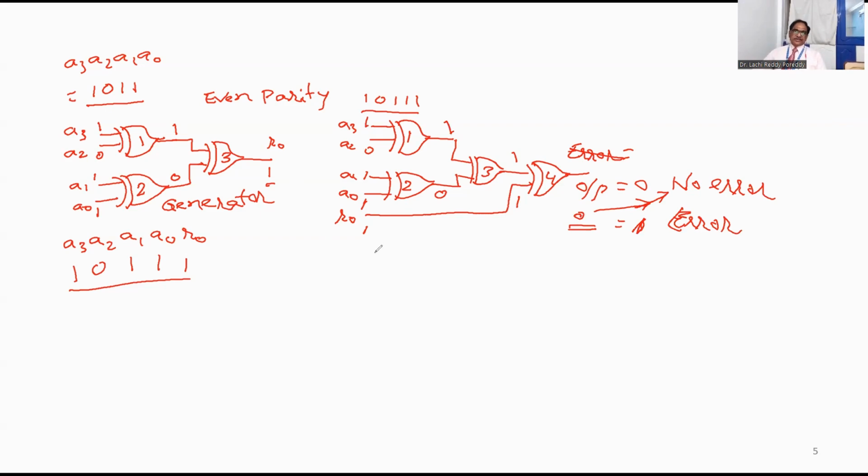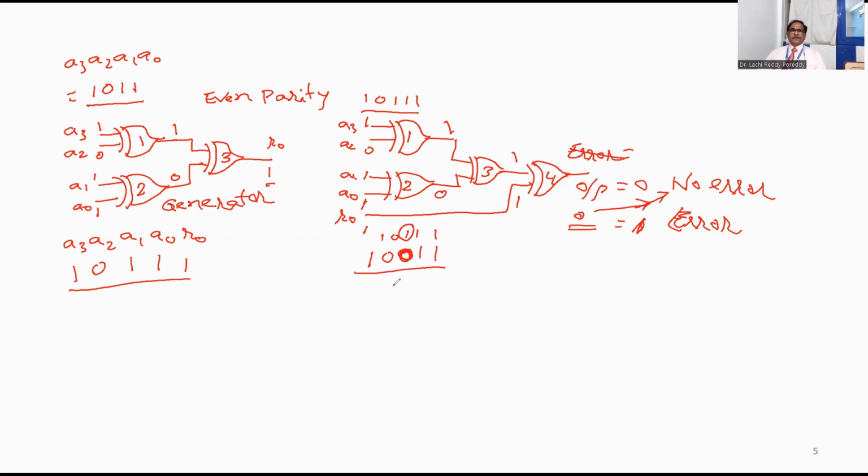Instead of receiving 1, 0, 1, 1, 1, suppose the data received is 1, 0, 0, 1, 1. Instead of this 1, suppose we have received a 0.